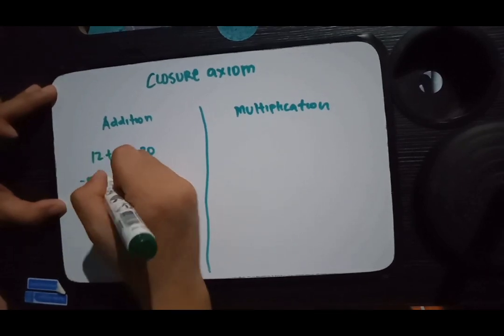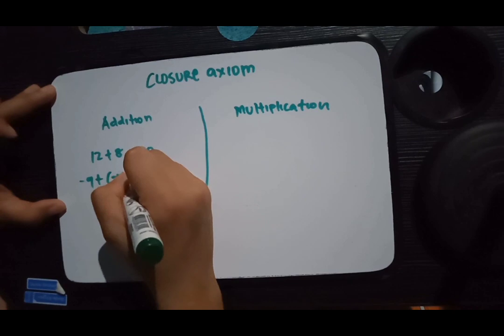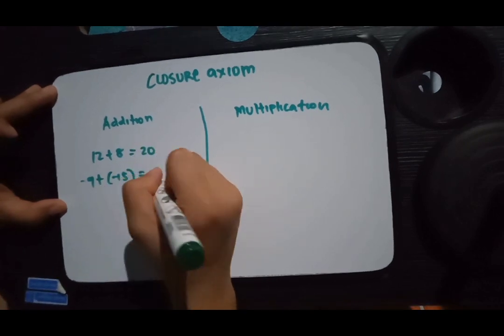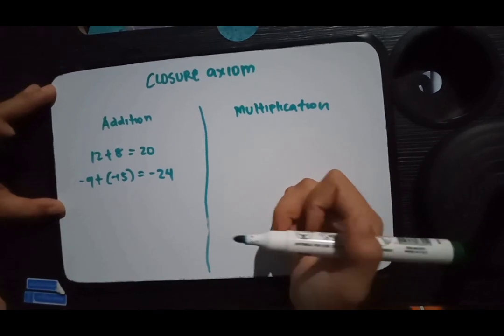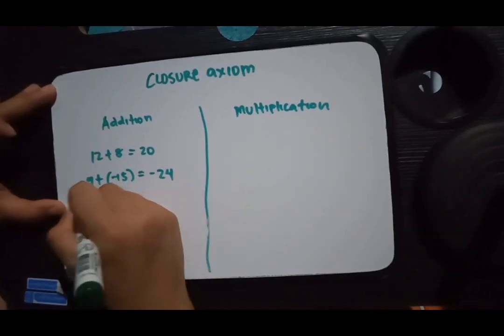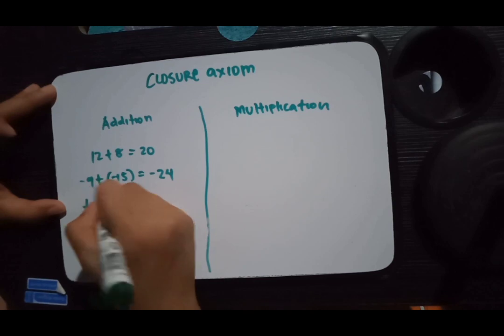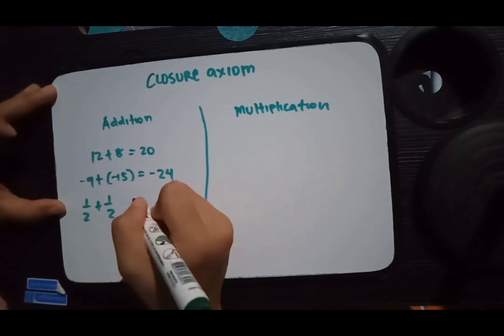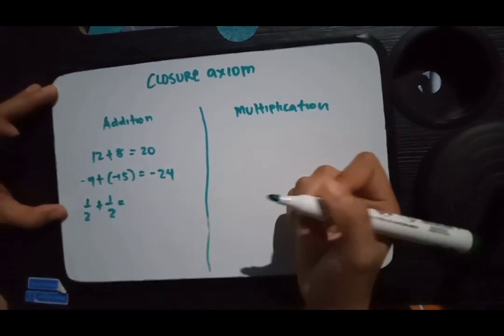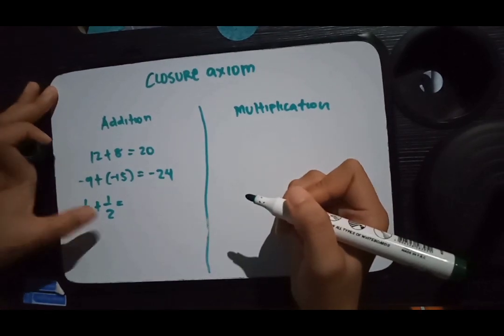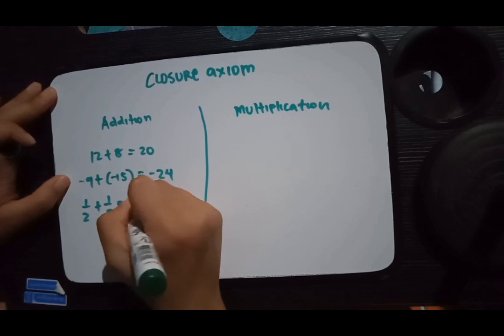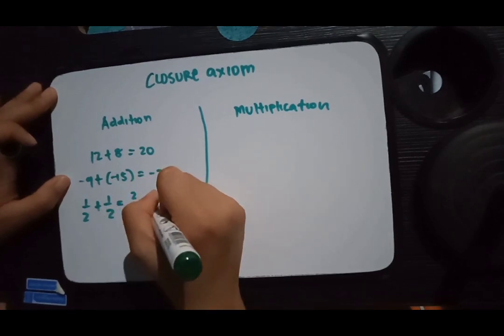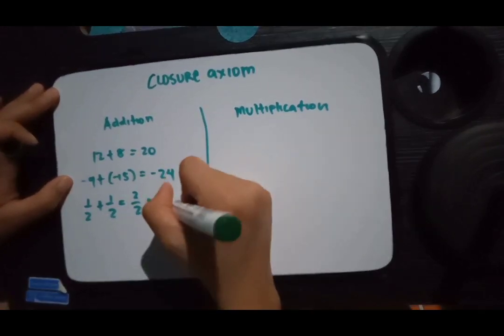Next example: negative 9 plus negative 15 is equal to negative 24. Another example, 1/2 plus 1/2 is equal to 2/2 or 1.